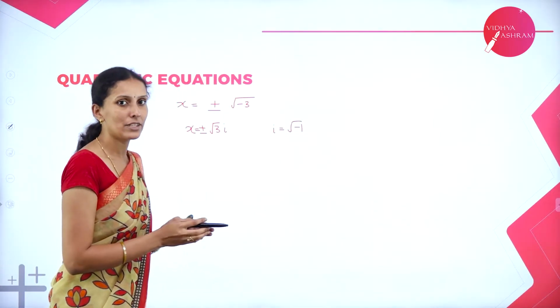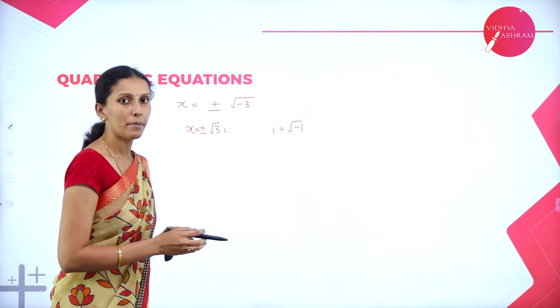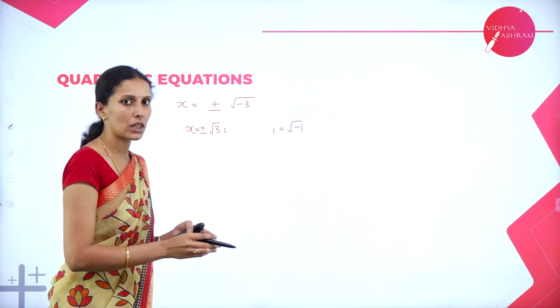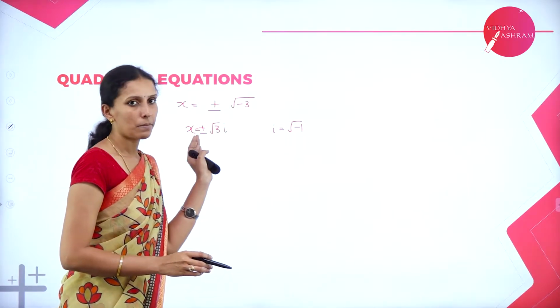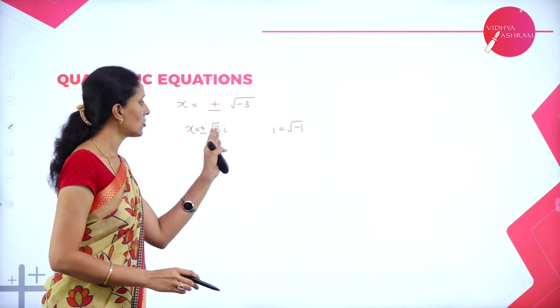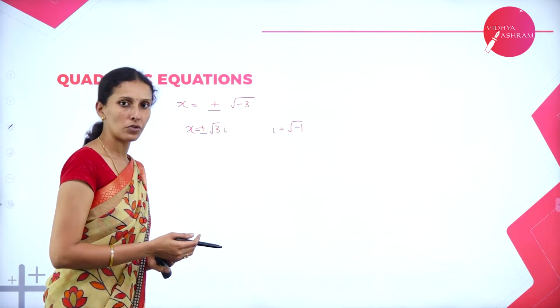So any negative root, be it minus 3 or minus 7 by 2, anything, the minus 1 is replaced by i, and the rest of the thing is written in the form of roots only.